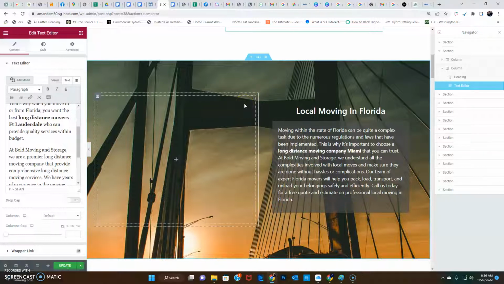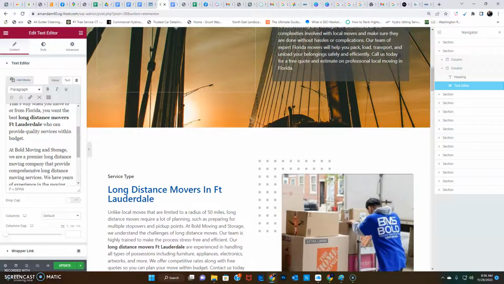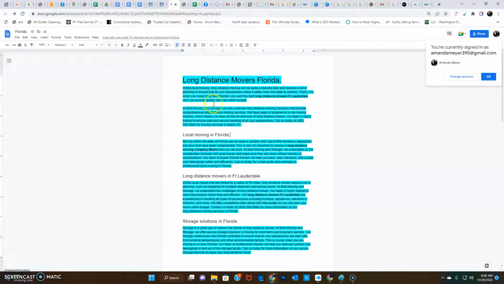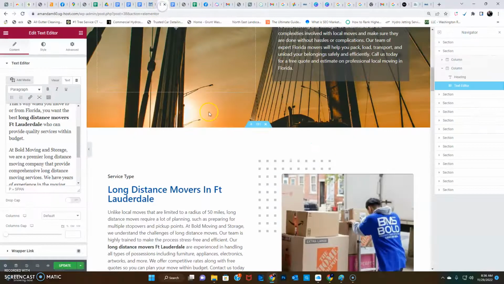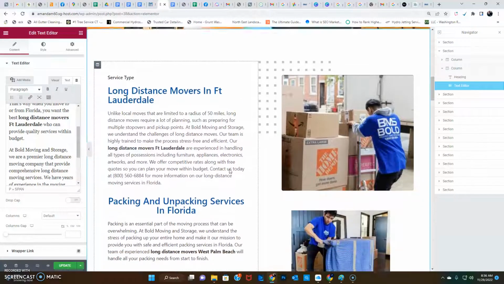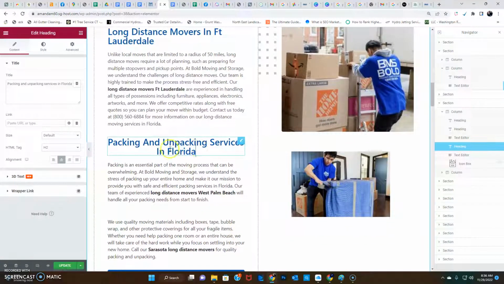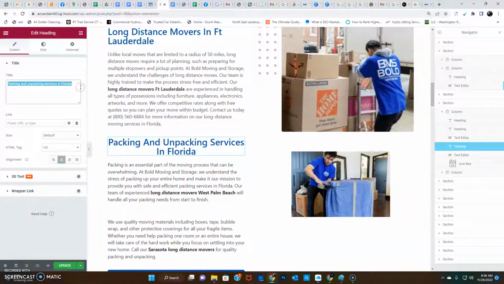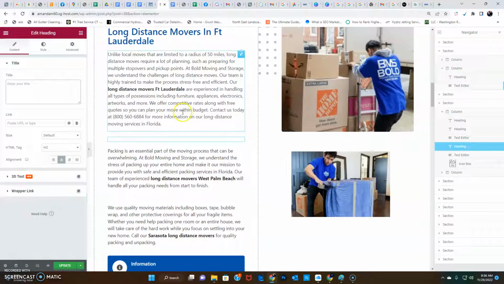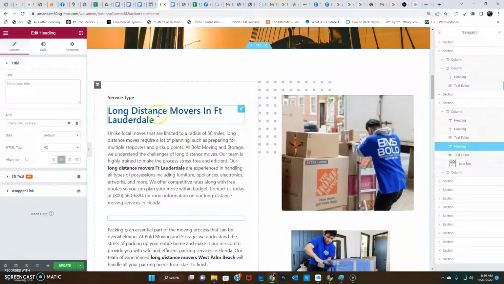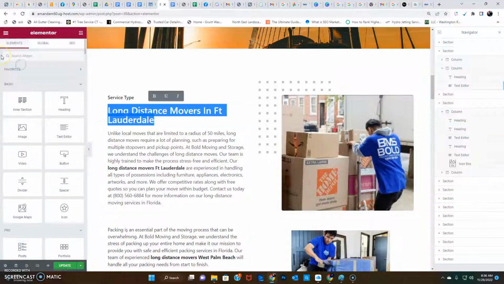So let's do local and then long distance Fort Lauderdale. And then this is obviously left aligned versus center. So we want to get rid of all of this. Well, let's do this.